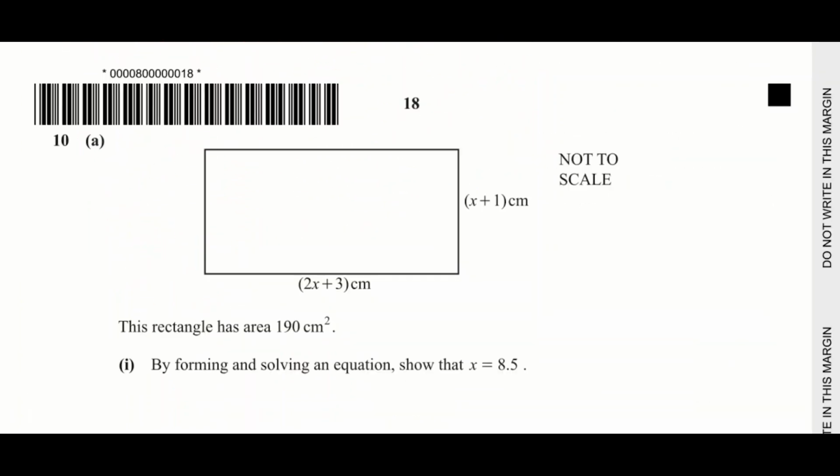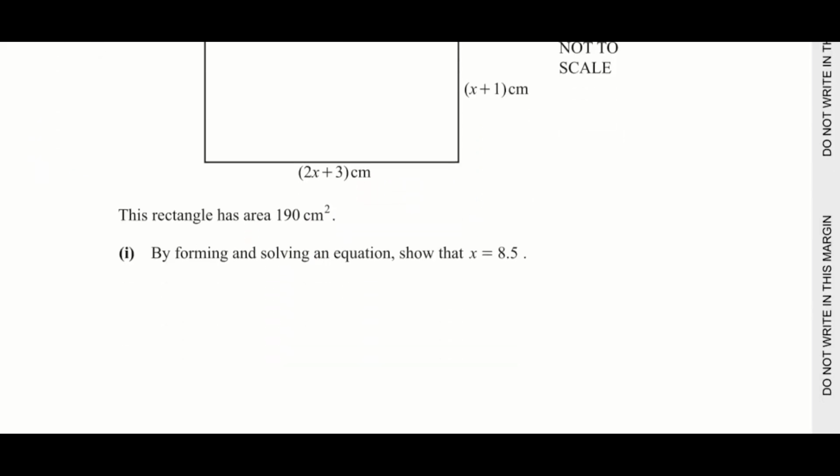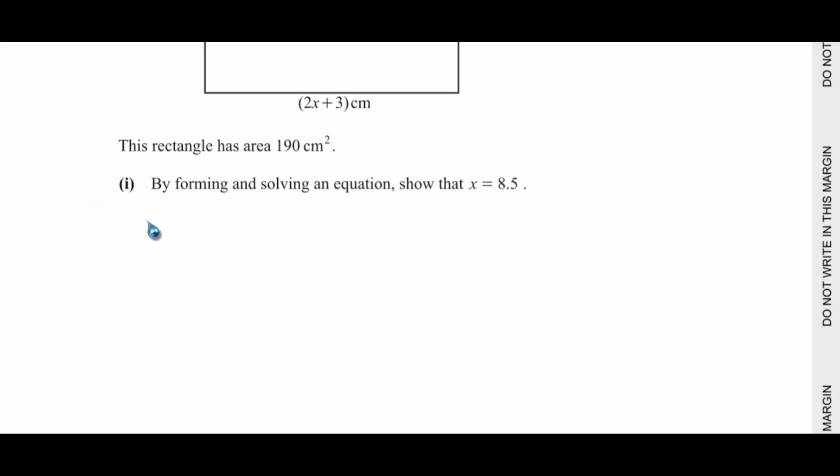So let's go to the last question, question 10. This rectangle has the area of 190 square centimeters. By forming and solving an equation, show that x equals 8.5. So the product of the two sides equals 190 square centimeters. So x plus 1 into 2x plus 3 equals 190.